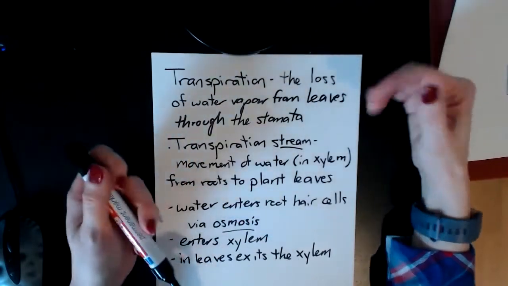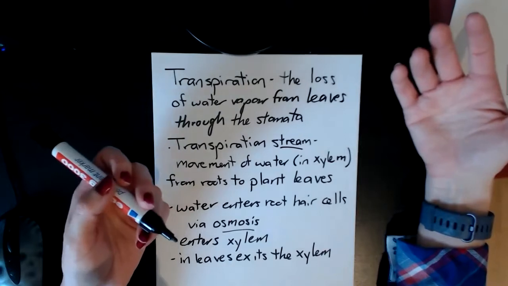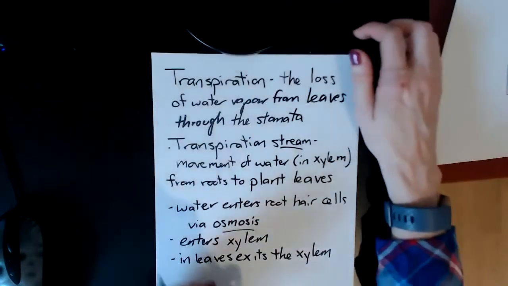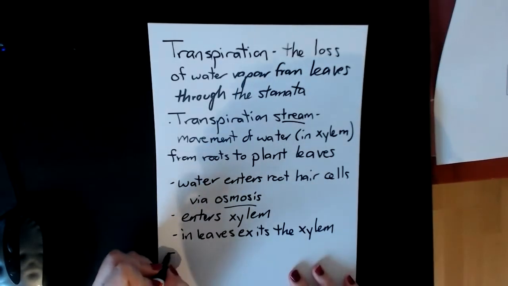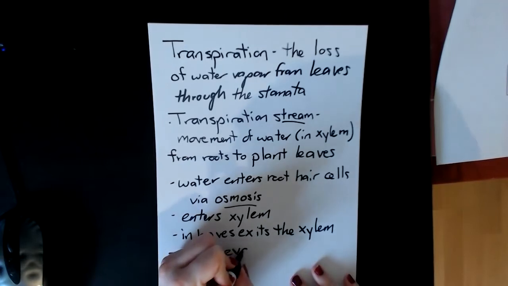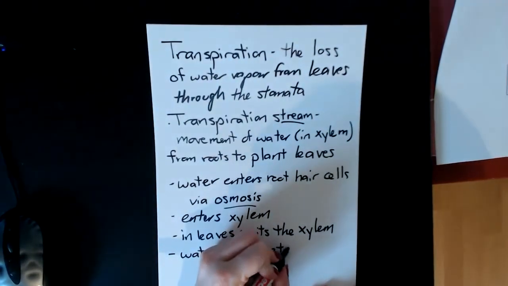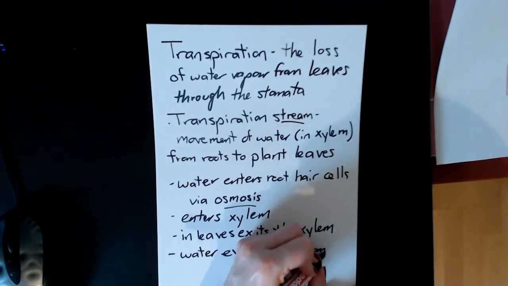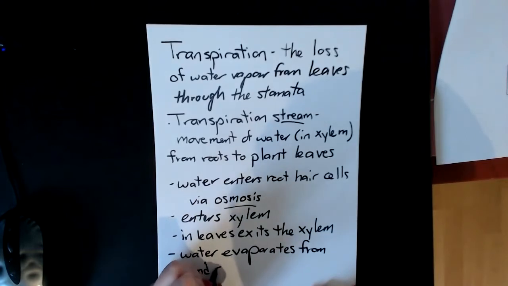And so the idea is that it enters the spongy mesophyll cells or the palisade cells, usually the spongy mesophyll. And from the spongy mesophyll, it then evaporates. Okay, so in the leaves, it exits the xylem, and then the water evaporates. And so that's where you get the water vapor in the transpiration stream. All right. It evaporates from around the cells in the spongy mesophyll.